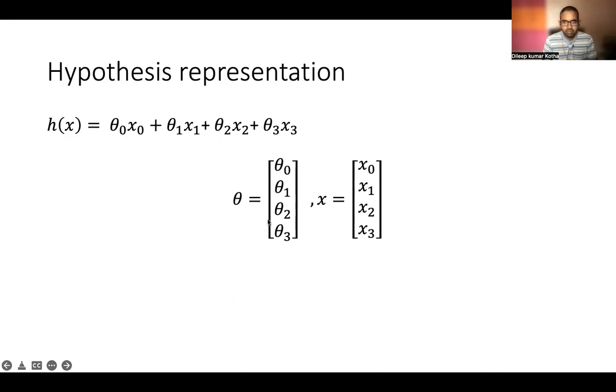Now, if you're aware of matrix multiplication, you can see if we take the transpose of theta and multiply it with x, we get the hypothesis. So our hypothesis can be represented in a simple manner, like h of x equal to theta transpose x.